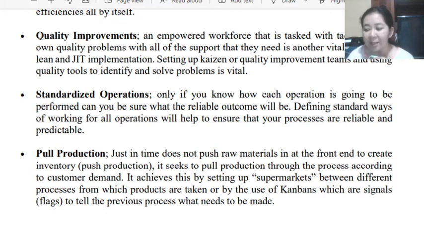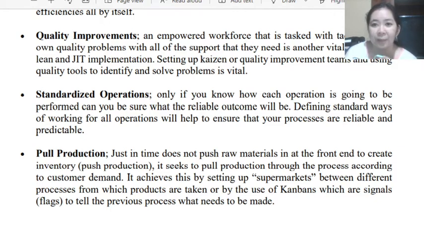Meaning, standardizing is using the same simple process for the same nature of item in the production process. So we don't use different types of processes for each item. If we can consolidate them, then we can simplify the production.